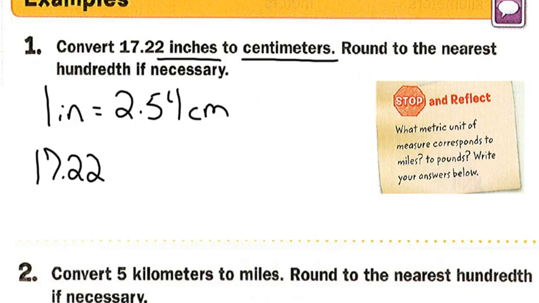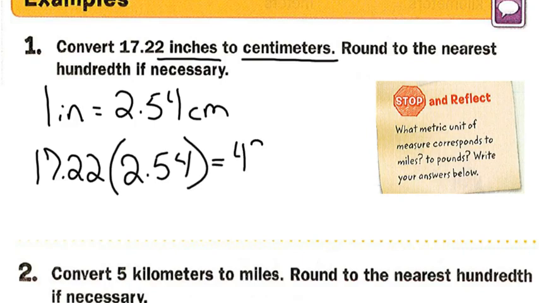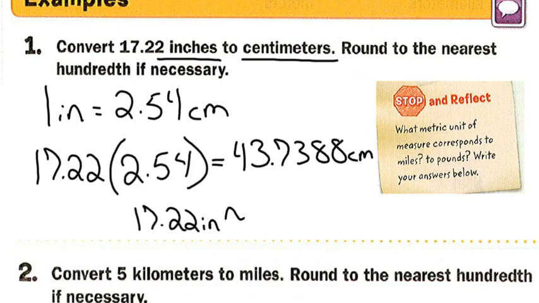So how do we add 2.54, 17.22 times over and over and over again? Well, that's multiplication. So we're simply going to take that 17.22 and multiply it by 2.54 centimeters. And that is going to come out to be about 43.7388 centimeters. And I say about because we do a little bit of rounding in there. So that means 17.22 inches is about 43.74, and I'll round that to the hundredth, centimeters.